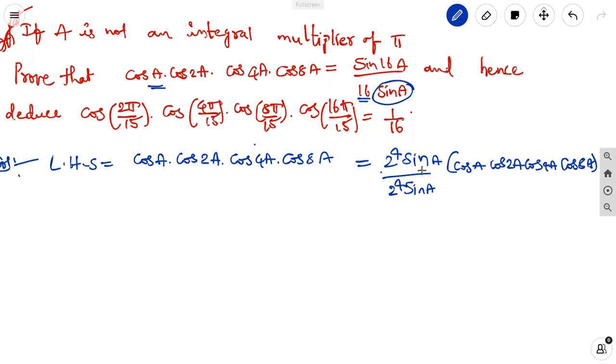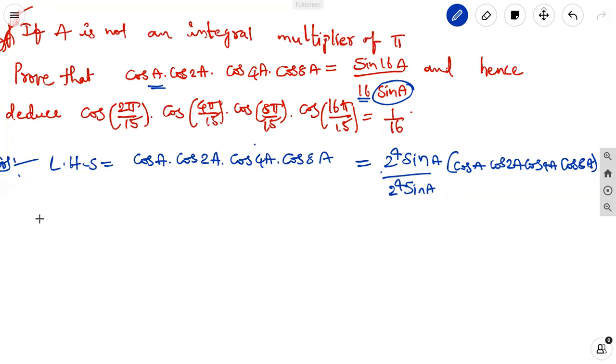By using the sin 2A formula, again one more 2 taken from the left side, and 2 sin 2A cos 2A is sin 4A. Then 2 sin 4A cos 4A is sin 8A. And again one more 2 with cos 8A, it becomes sin 16A.